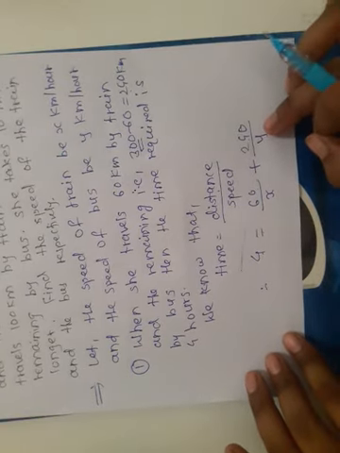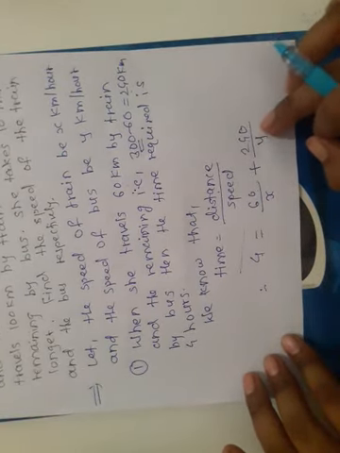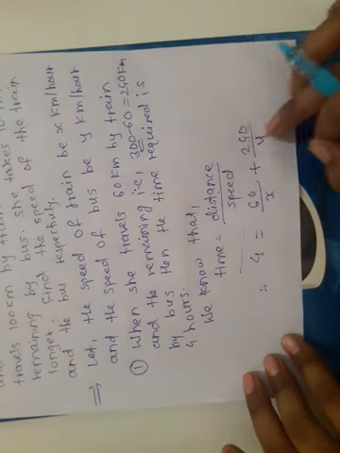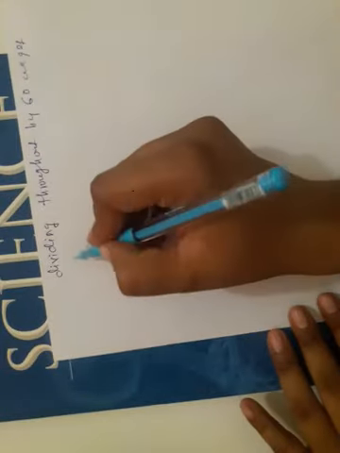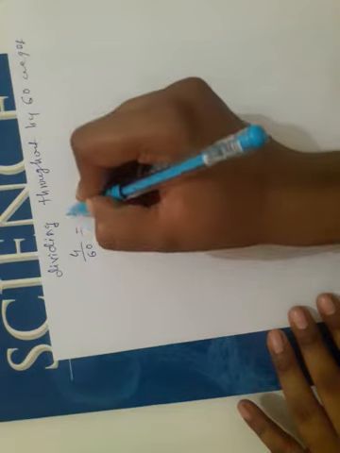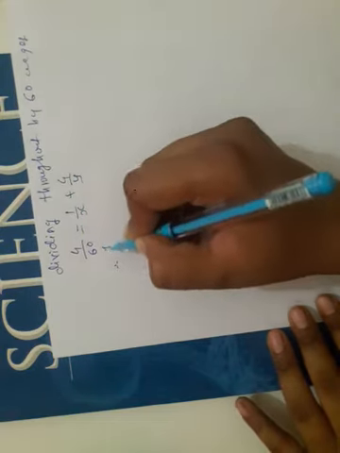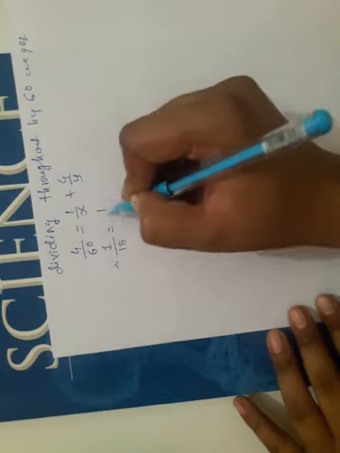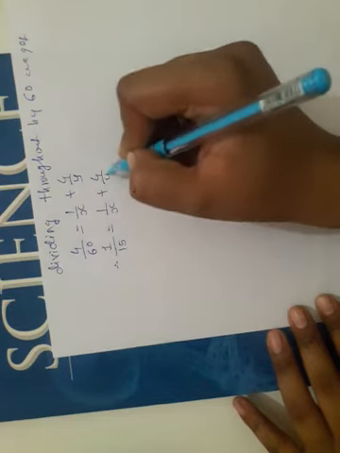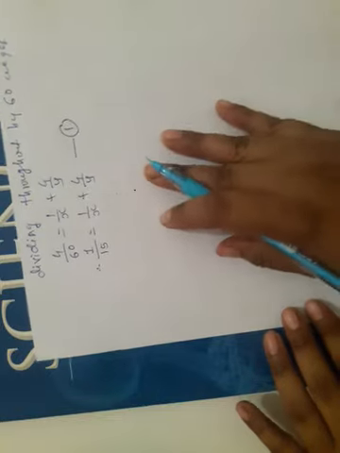When we divide this term by 60, 240 upon y into 60, we get 4 upon y. So write down here 4 upon 60 is equal to 1 upon x plus 4 upon y. Again, 4 upon 60 means 1 upon 15 is equal to 1 upon x plus 4 upon y. And now this is our equation number 1.